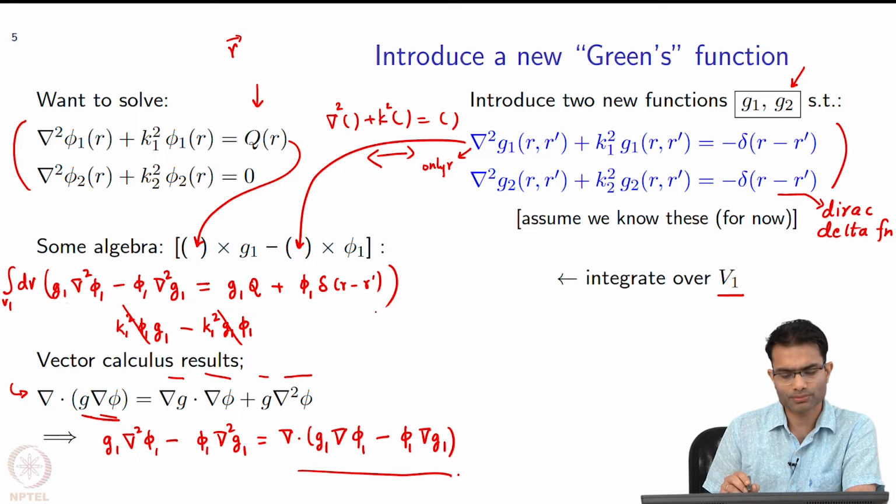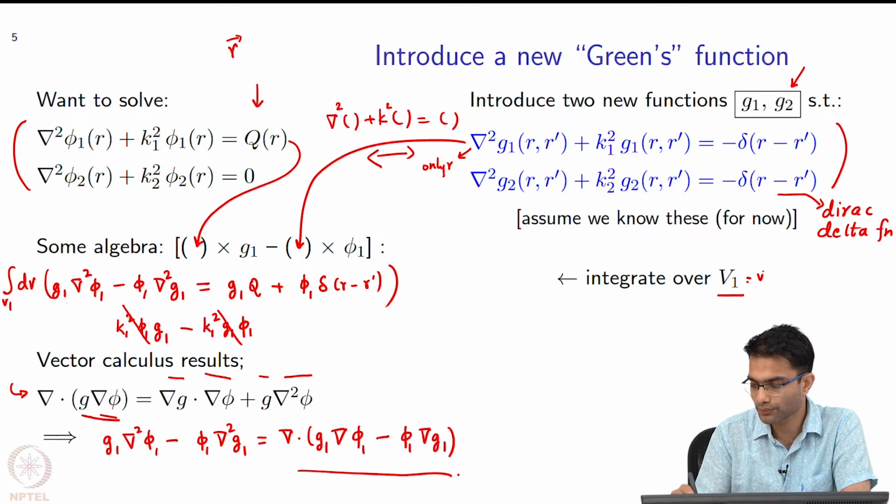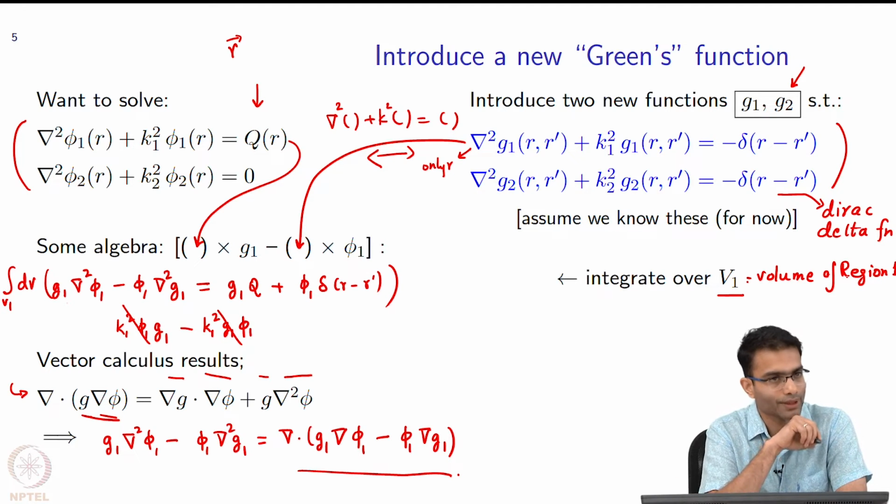Do you see any of the terms simplifying? V1 is the volume of region 1. The only possible term that might simplify in this volume integration is which one? What about the very last term? I am integrating over a delta function.